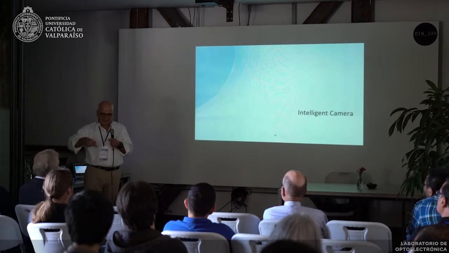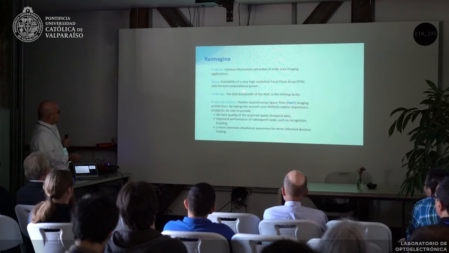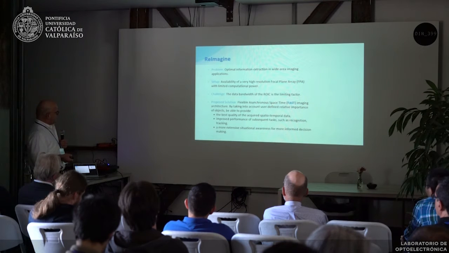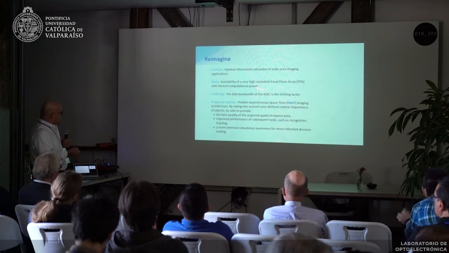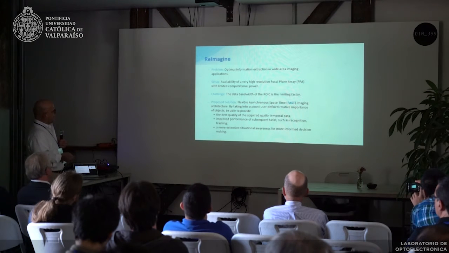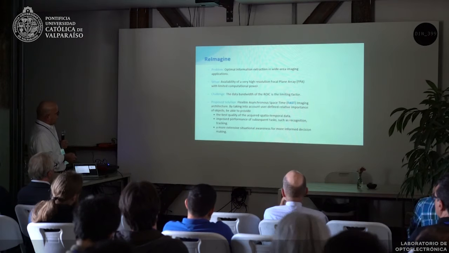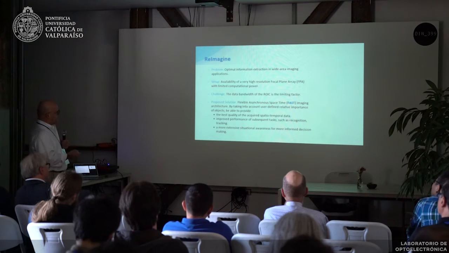Here is a project we have actually with Aggelos funded by DARPA, whereby we combine deep learning and analytical techniques, not for solving exactly the same problem, but solving parts of the problem. So the idea at some level relates to what David was covering yesterday, but you have, for example, a high resolution focal plane array, and you want to have a structure, we call it flexible asynchronous space-time imaging.